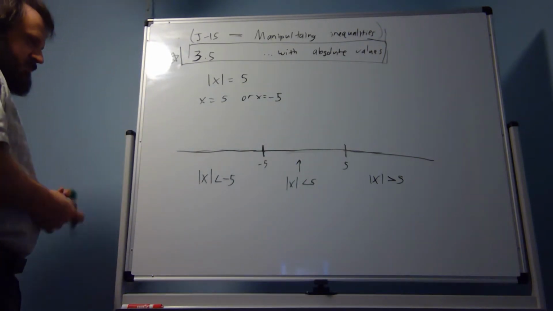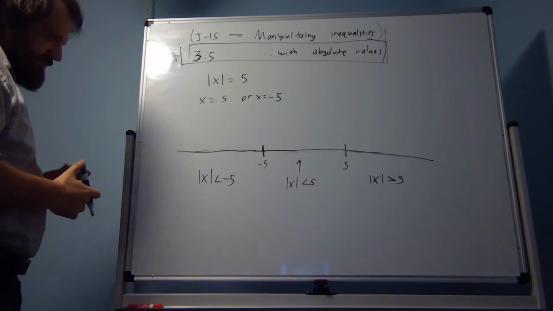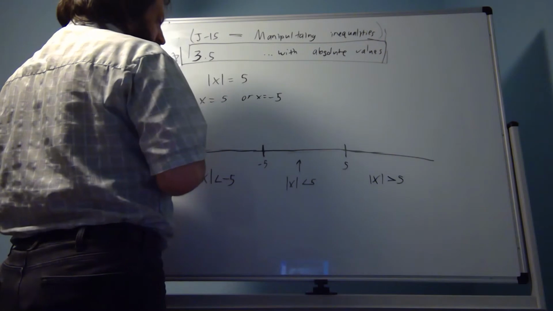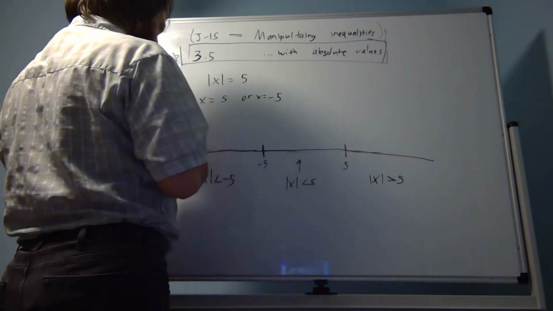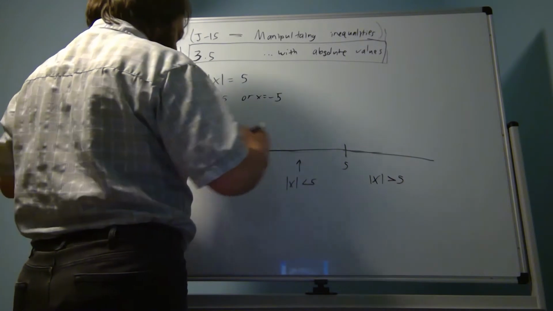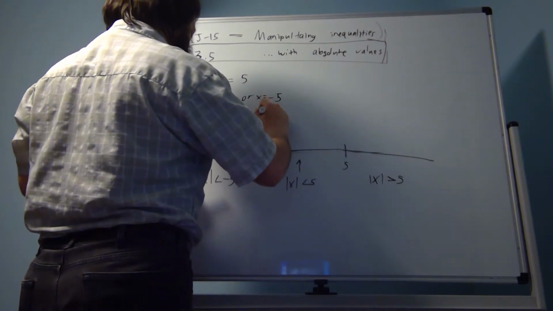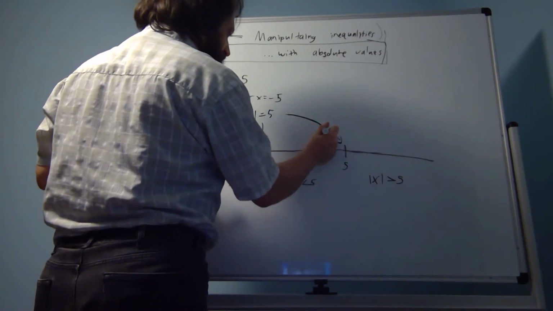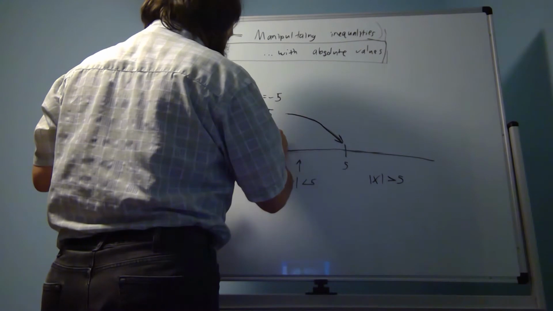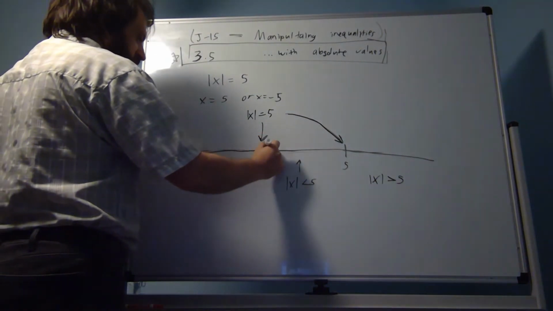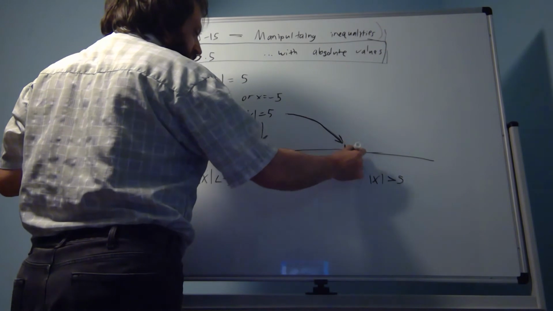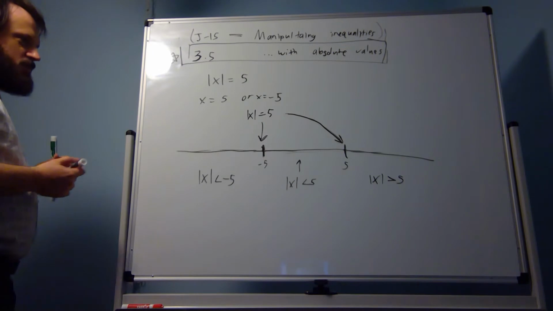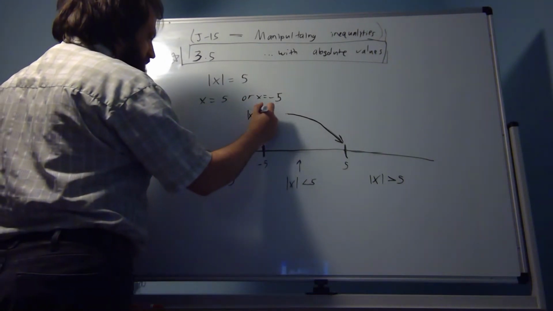But now we want to look at inequalities. So what happens is, the absolute value of x equals 5 gives these two endpoints, and because the absolute value function is not too crazy, the places where you have equality are the endpoints, and then in between, it's all going to be one or the other.